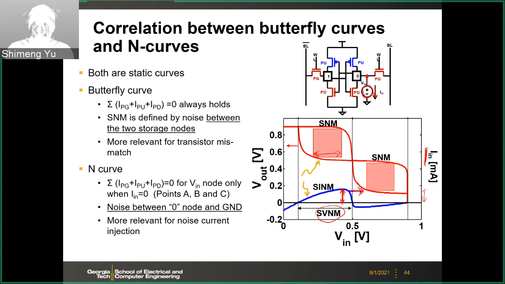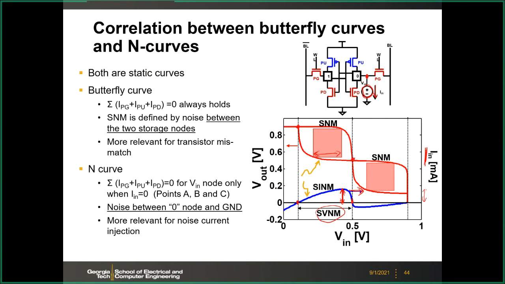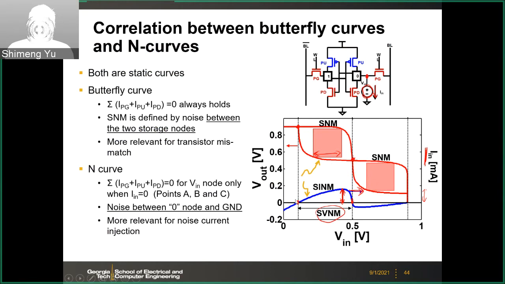So those are correlated, like those flipping points. Those tripping points are correlated in those two methods. But the definition is a little bit different, so you get a little bit different margin.